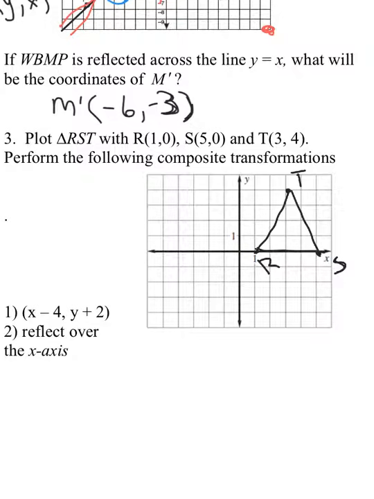So we'll take every point. Let's do this. Move it back 4, 1, 2, 3, 4, up 2. There we go, and that'll be R prime, single prime, not double prime, sorry. Jumping the gun.